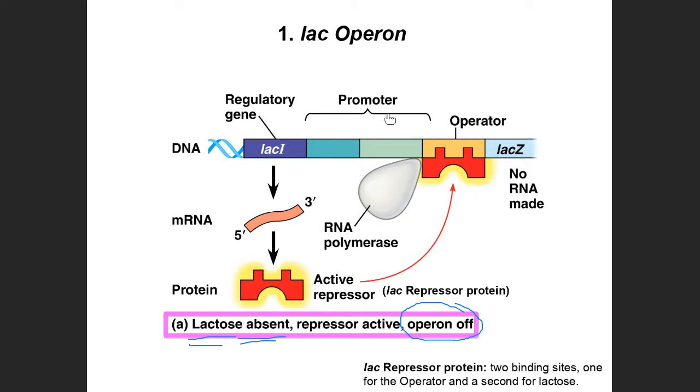Again, that operator is situated in between the promoter of the Lac operon and the first of 3 genes of the Lac operon. Therefore, when it binds to the operator, it physically inhibits or prevents RNA polymerase from being able to slide over to the first gene. Thus, gene expression of the Lac operon is in an off state. Down here I mentioned the 2 binding sites again.